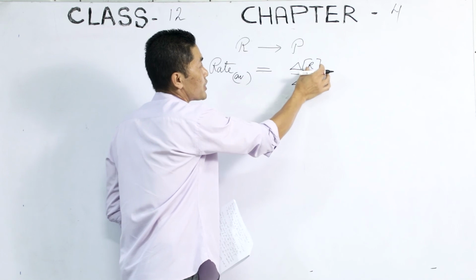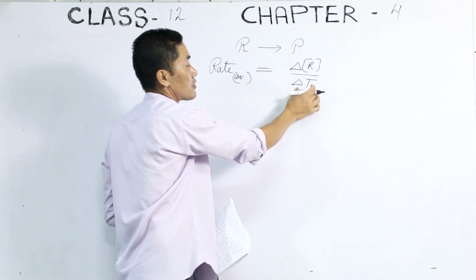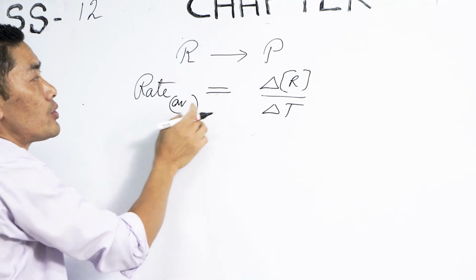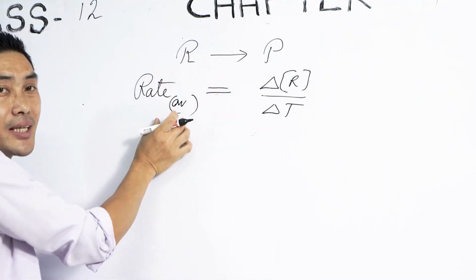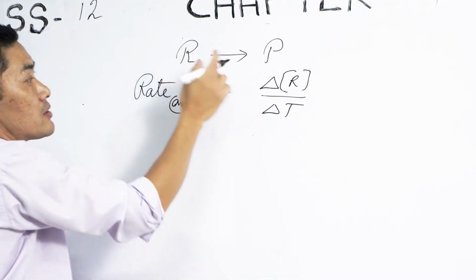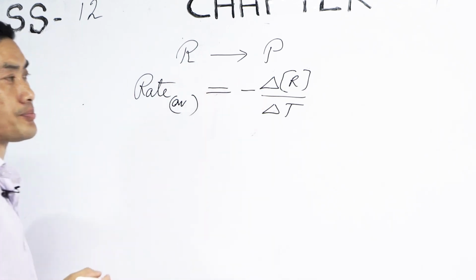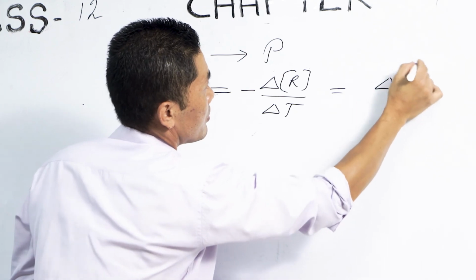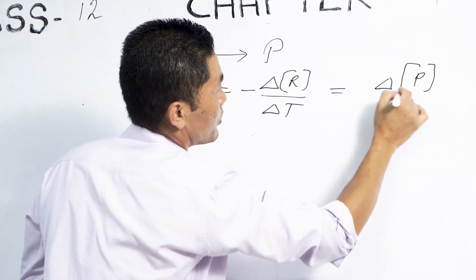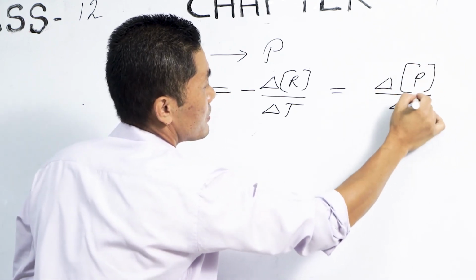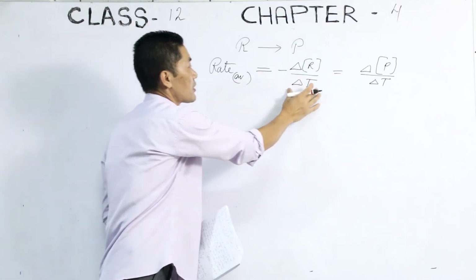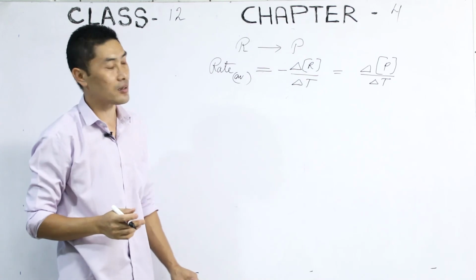So change in concentration of reactant divided by change in time. But as mentioned before, if we are writing the rate in terms of concentration of the reactants, this will be negative. For the product, it will remain positive. So change in P divided by change in T will give us the rate of the reaction. This gives us the average rate of the reaction.